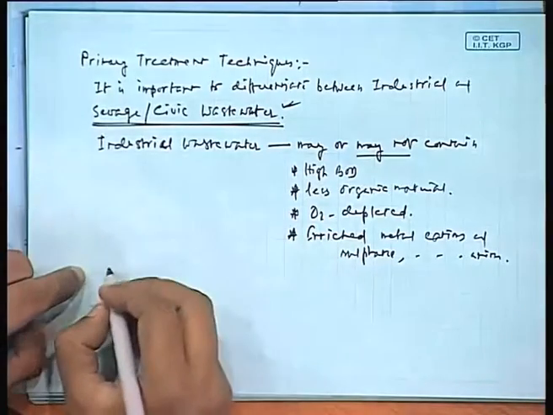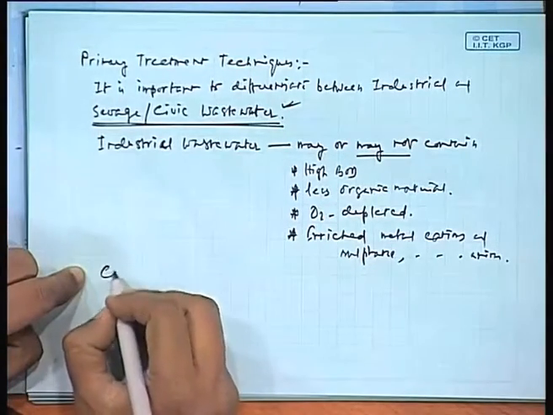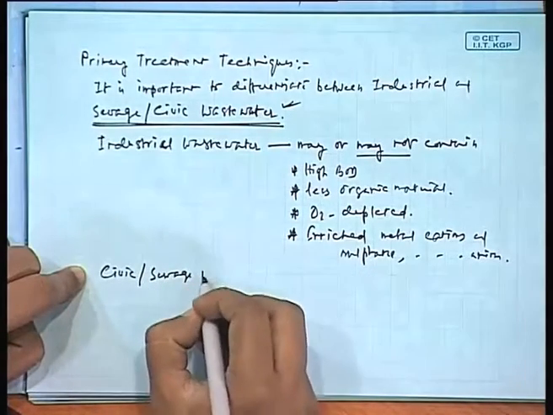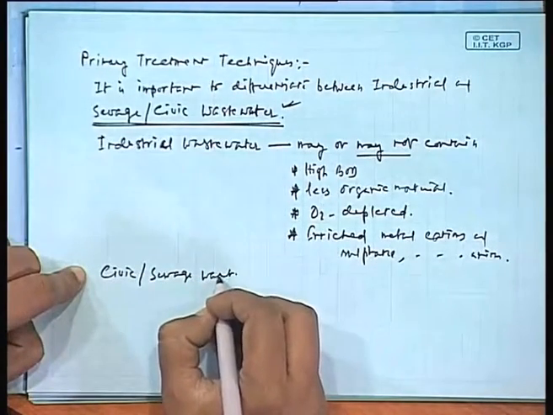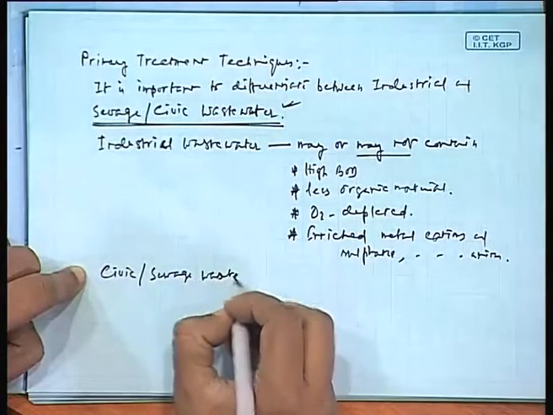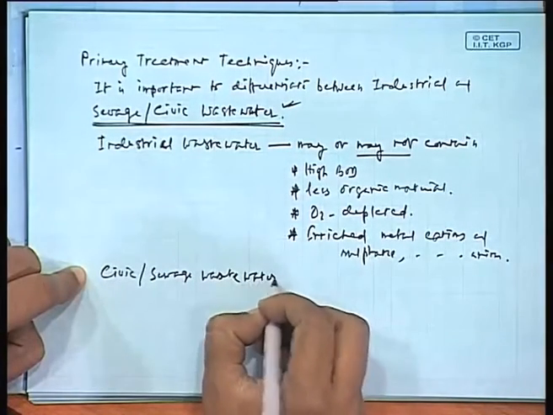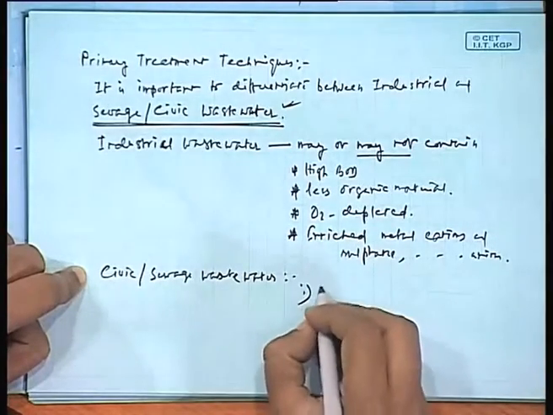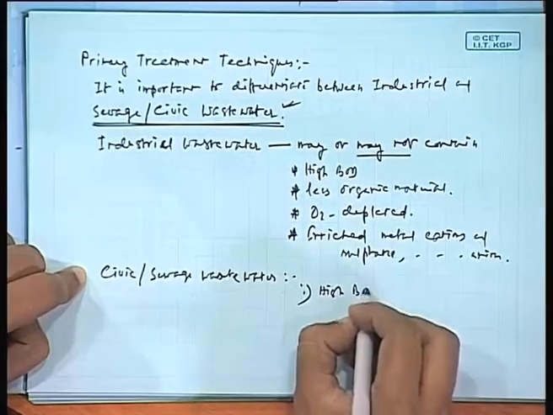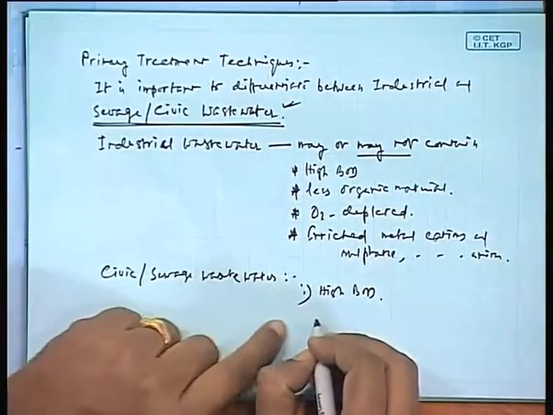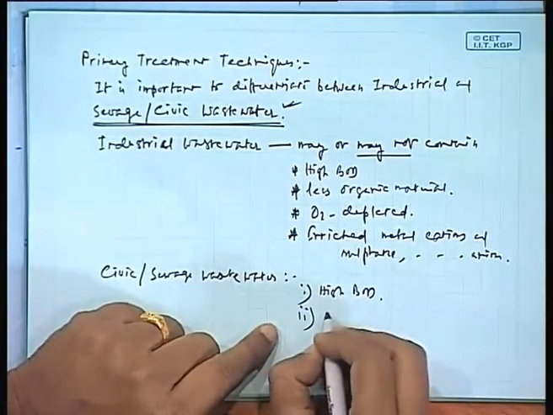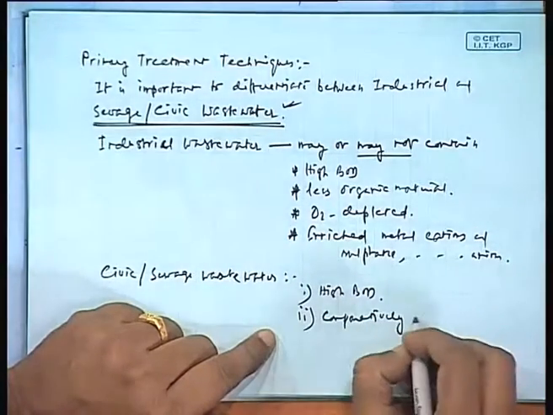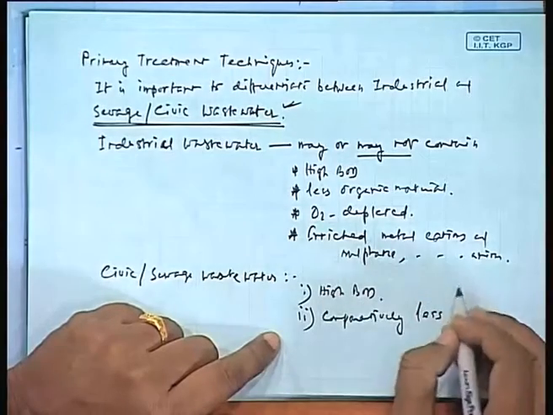So this is industrial wastewater. Civic or sewage wastewater, on the other hand, will necessarily have high BOD, with comparatively less inorganic material.